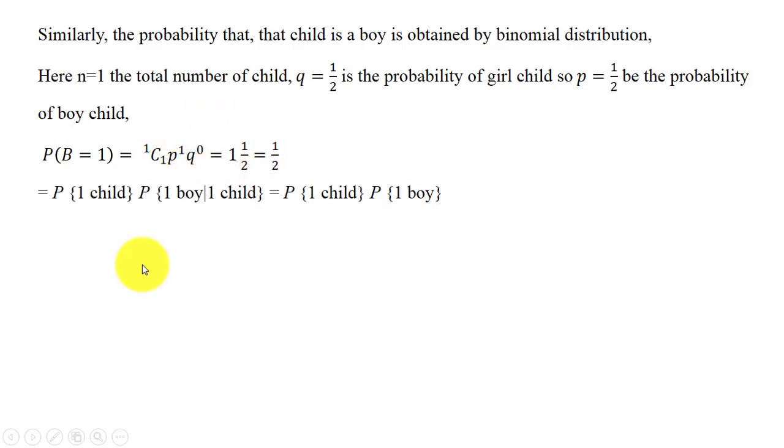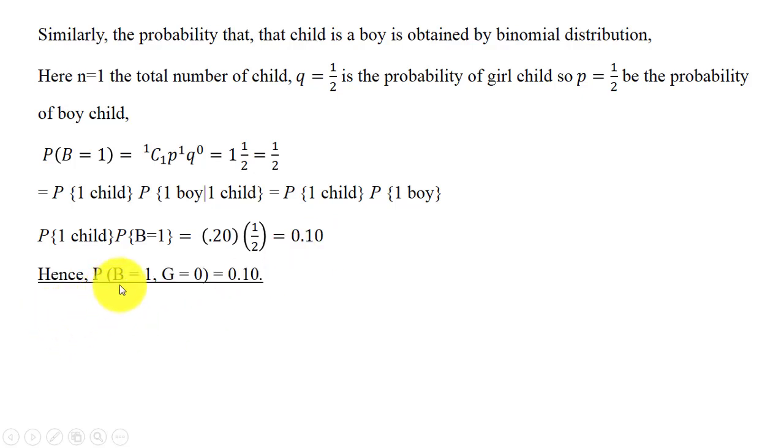So the probability of one child, 0.2, times the probability of one boy, 1 by 2, is 0.10. So P of B equal to 1 and G equal to 0, because there is only one child and that child is a boy, so there is no girl here, is 0.10.